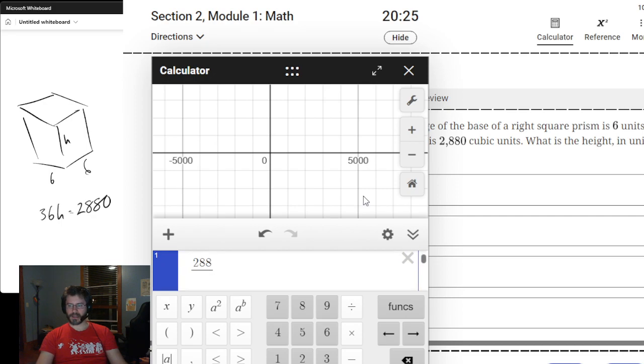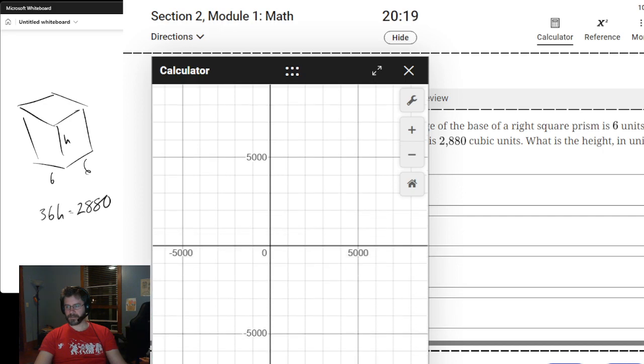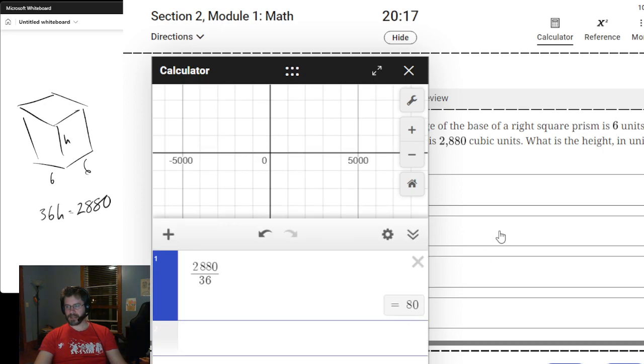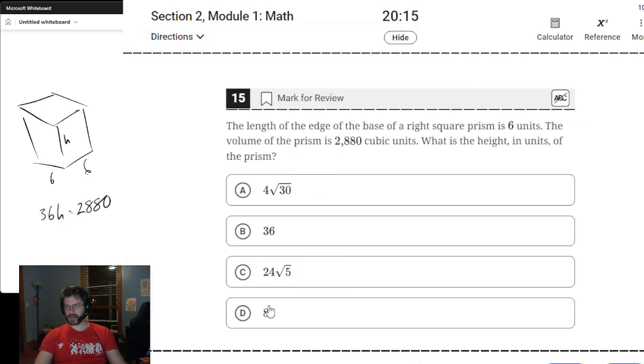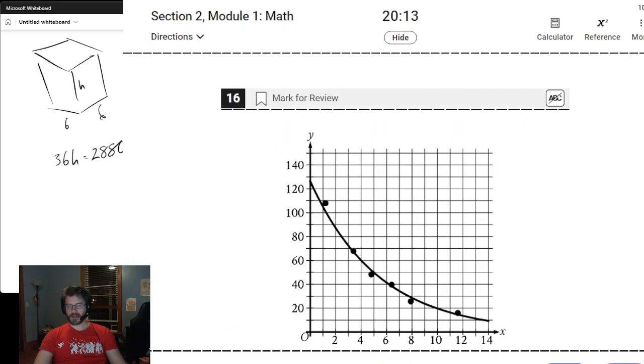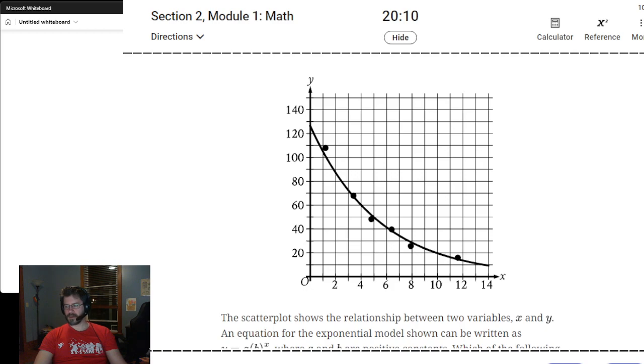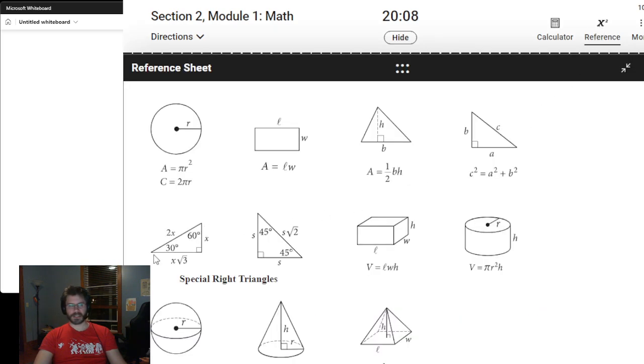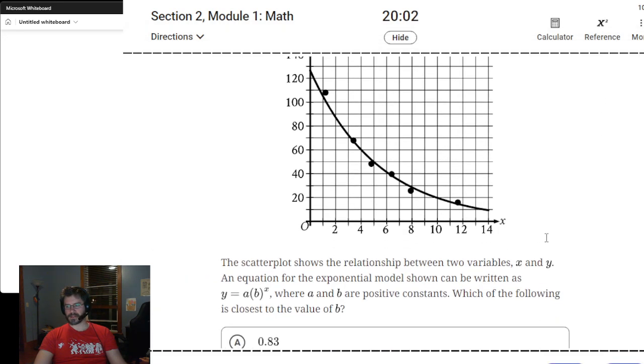So 2880 divided by 36 gives us, what is that? 80. Boom. Not too bad. Even though they give you the volume of a rectangular prism in the reference, it would still be wise of you to memorize those things.